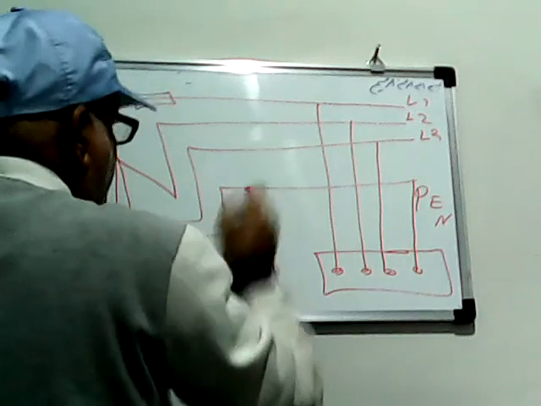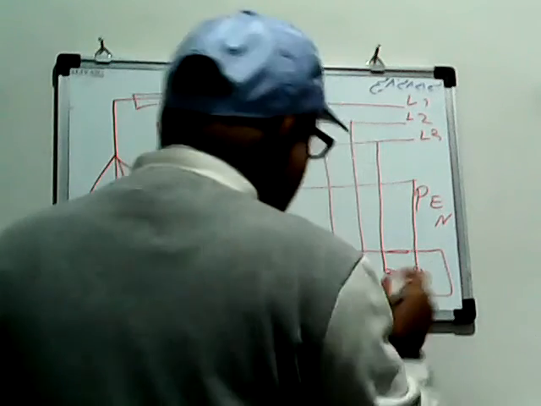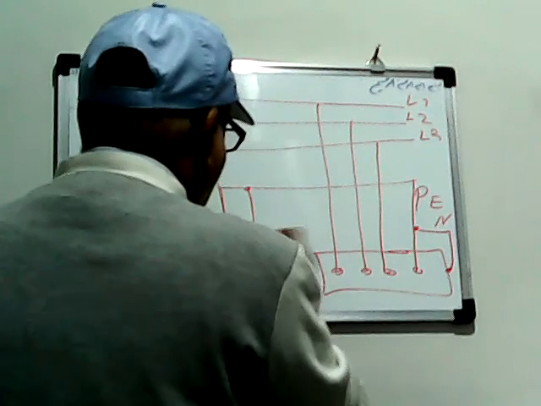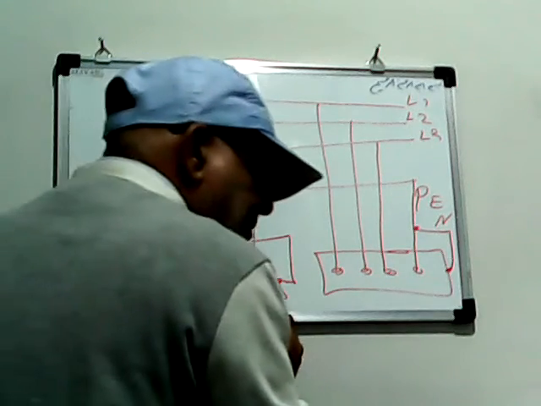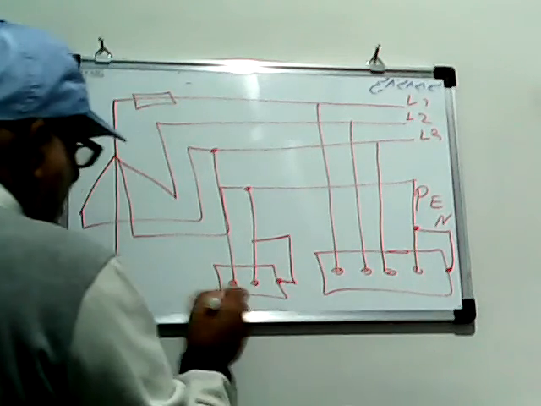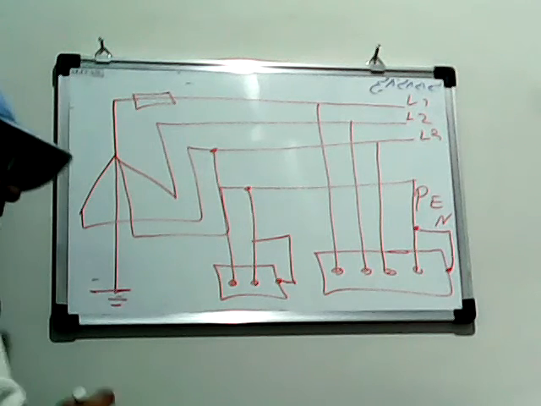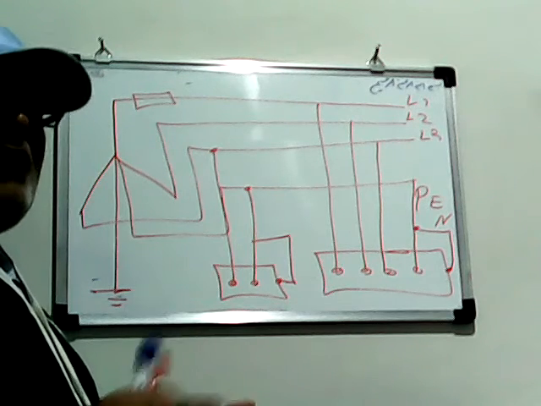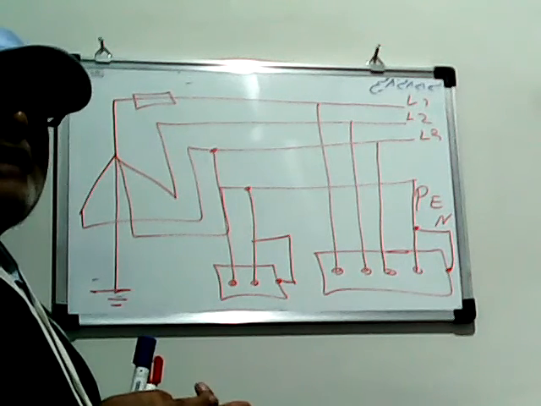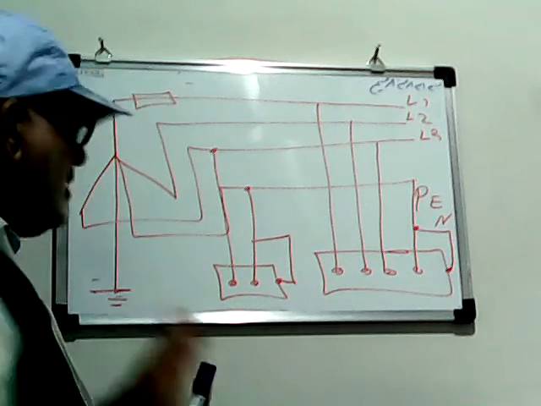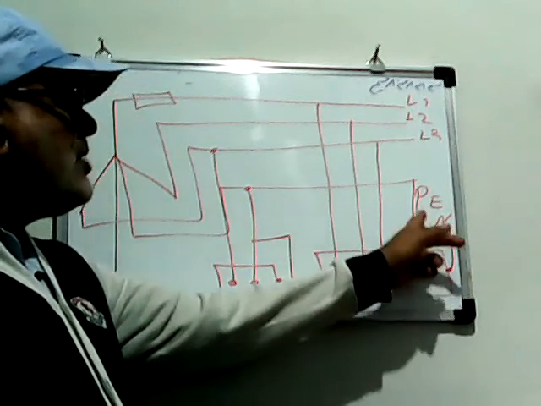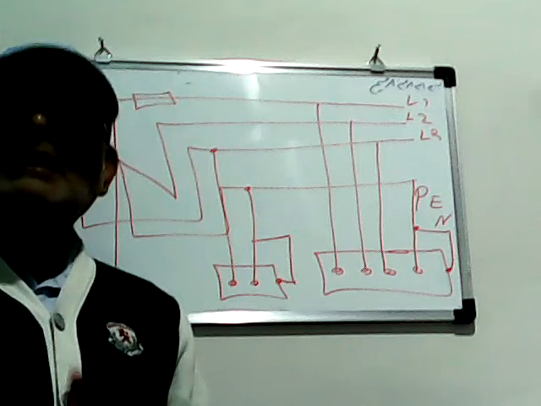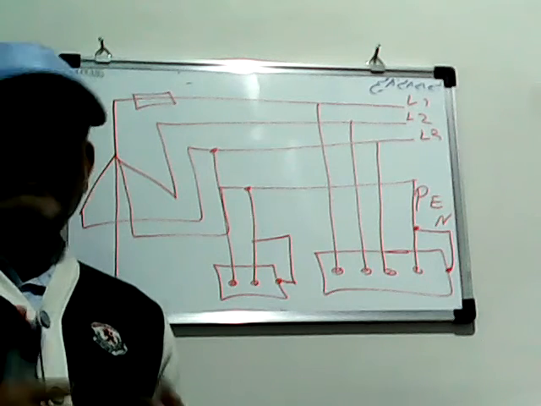Showing neutral, phase, and more. Compared to the TNC, we use multiple metal parts as the case of our devices, or water pipe, gas pipe, everything, and we join them to the body and to the PEN, to take a lower ohmic value in our installation.